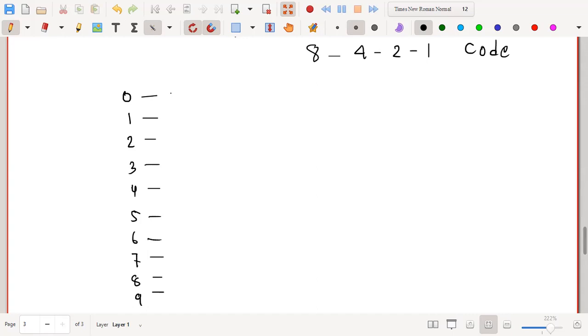So if you have to write down all these numbers, 0 you will write in 4-digit form as 0000, 1 you will write as 0001, and similarly 2 is 0010.